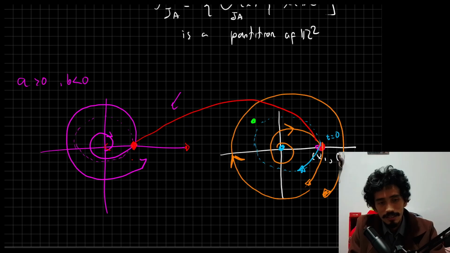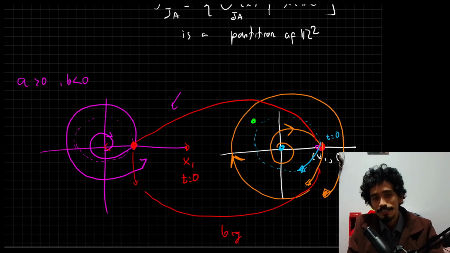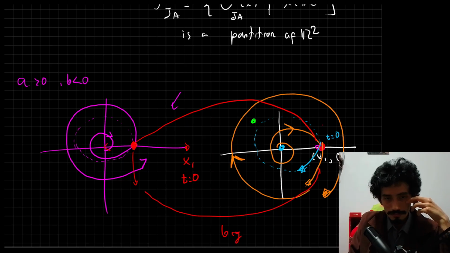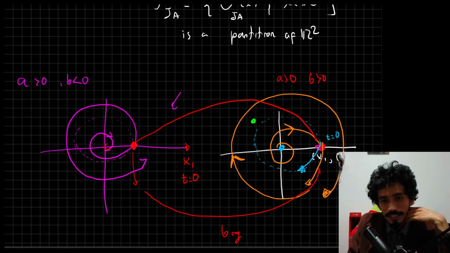Let's say the orbit that crosses this positive part of the x1 axis when t is equal to 0 at this point could be carried by a bijection to the other orbit, when b is positive, that crosses the positive part of the x1 axis when t is 0 at that exact same point.